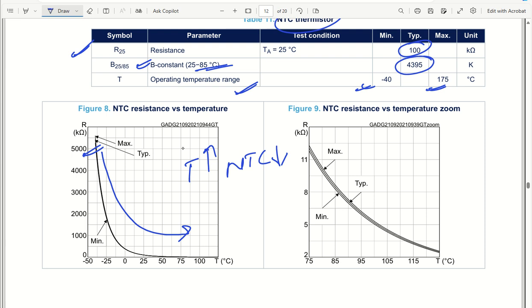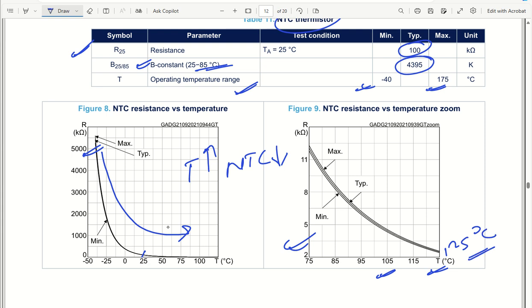At 25 degree centigrade it has 100 kilo ohm resistance, and for higher temperature the value will be reducing. This will be monitored through some ADC after amplification and filtering. In the zoomed view, they have shown from 75 degree centigrade to 125 degree centigrade.